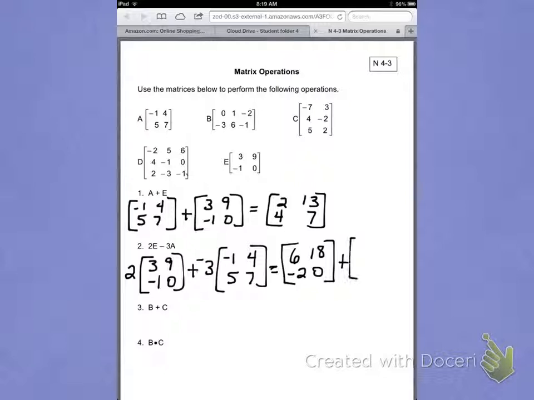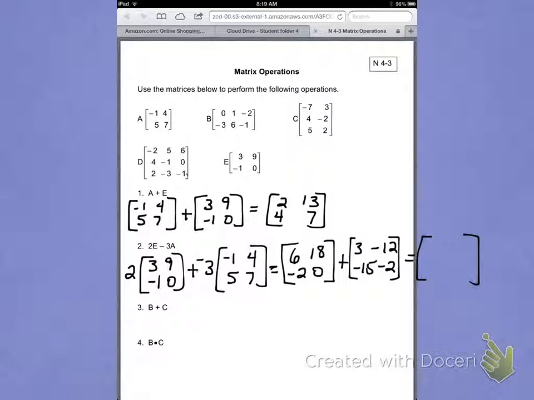And then we multiply -3 times the next one, which is going to give us -3 times -1 or +3, -12, -15, and -2. Now I like to multiply, change that to a negative and multiply by the negative, so then I can just add them, and that helps me avoid mistakes with negative numbers.